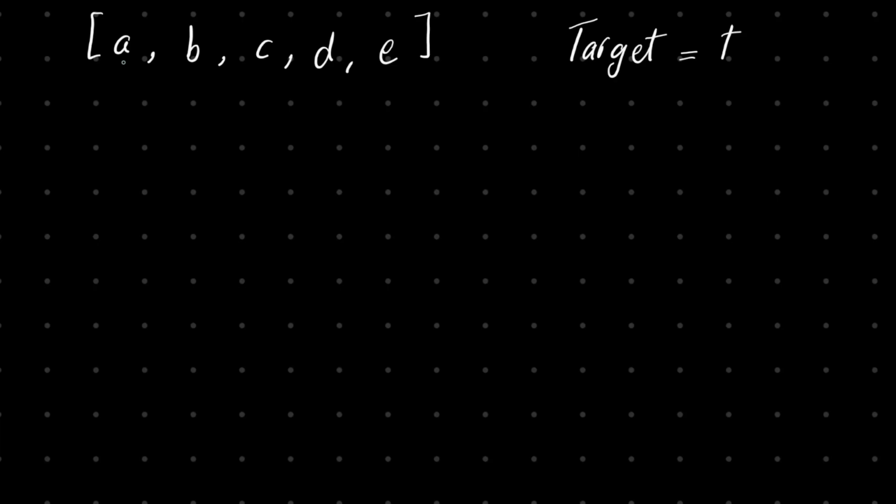So in that case, for example, you'll try A plus B, A plus C, A plus D, A plus E. That will give you 4 different comparisons.